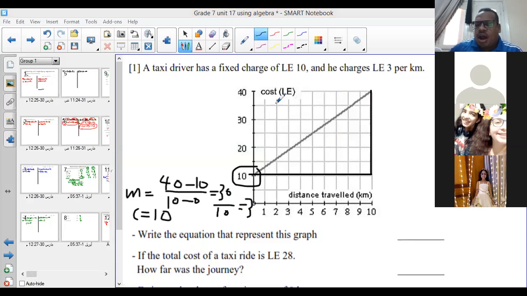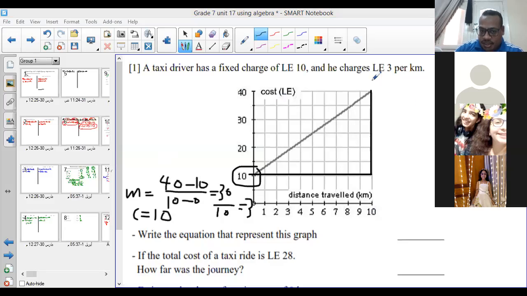So this is the beginning of our session. The first question: write the equation that represents this graph. Any linear function, to get it, you have to find c, the intercept from the y-axis, and m, the gradient.